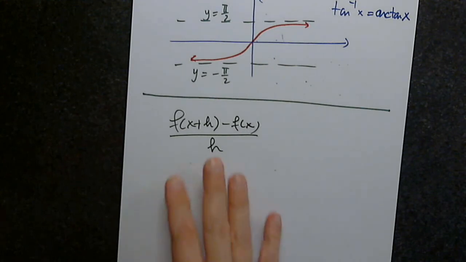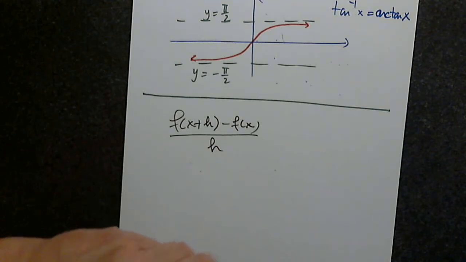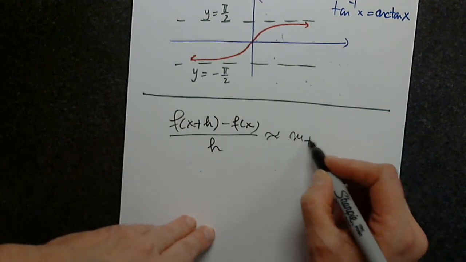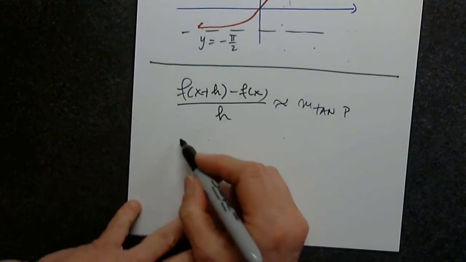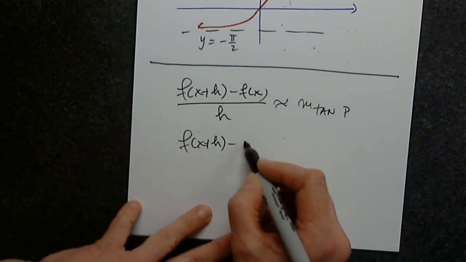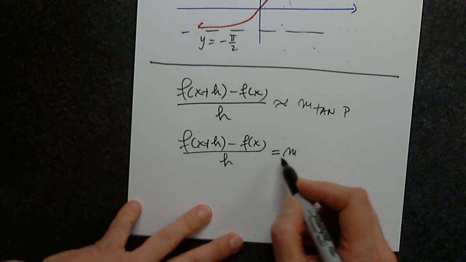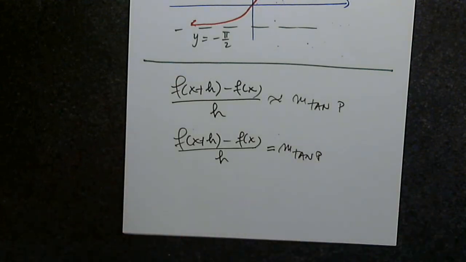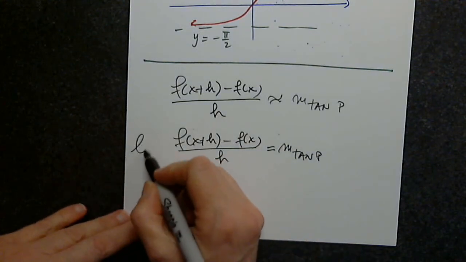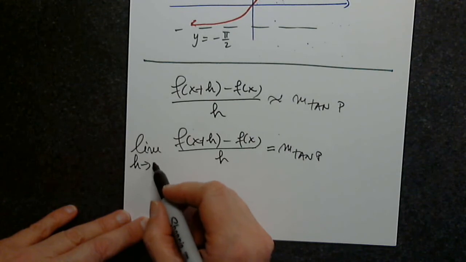This is almost, not exactly, the slope of the tangent at P, right? How do I make this the tangent, exact, not approximate, at P? As h approaches? Exactly.